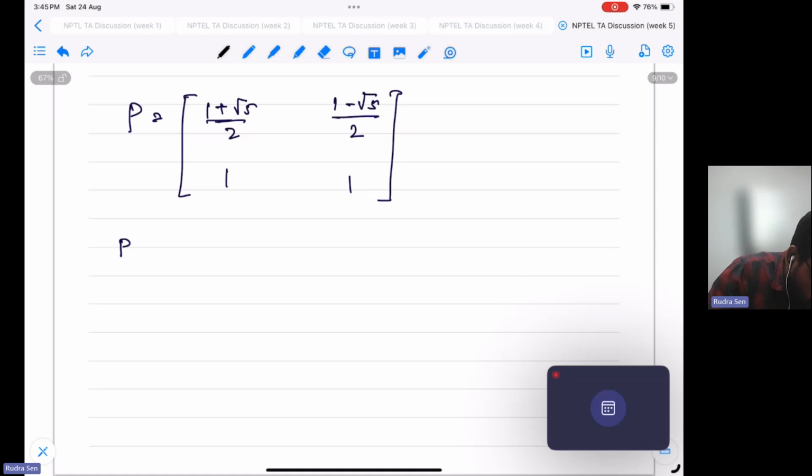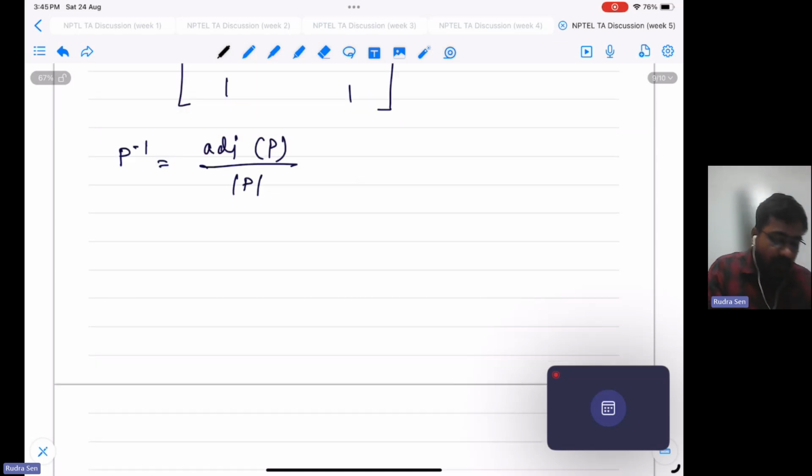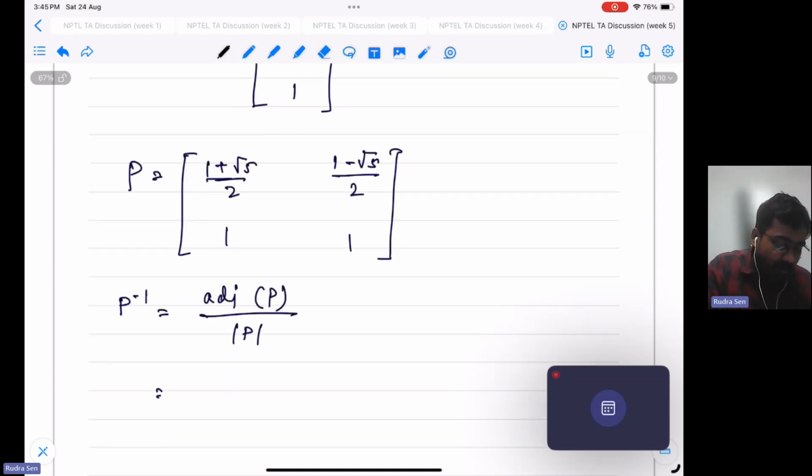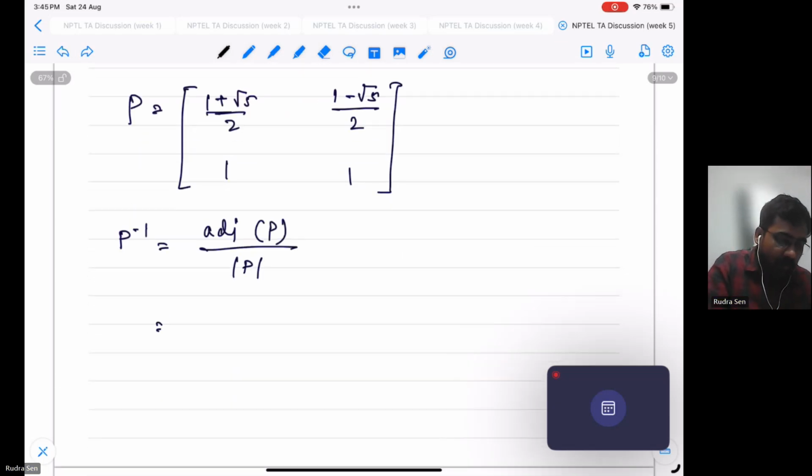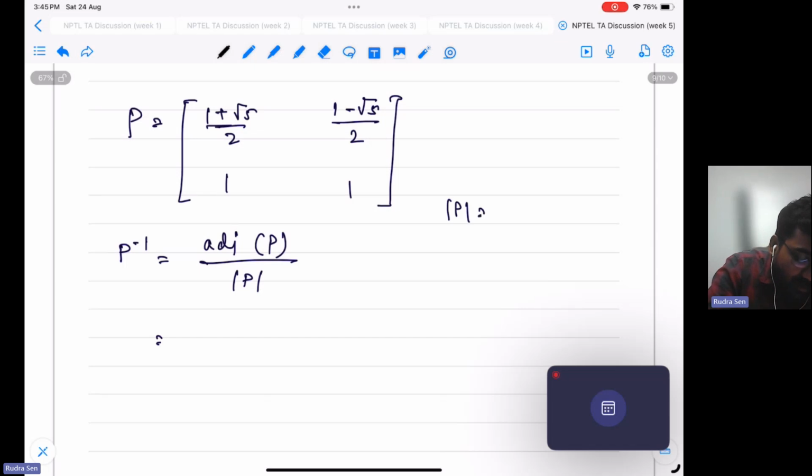So for P inverse, what should we do? This is adjoint of P divided by determinant of P. So what is the determinant of P? This is half plus root 5 by 2 minus half plus root 5 by 2, so this is basically nothing but root 5.